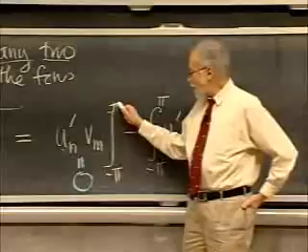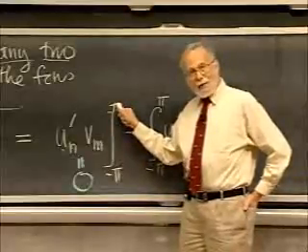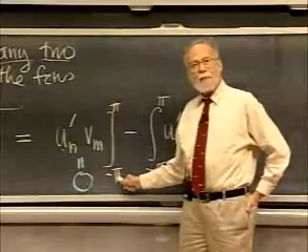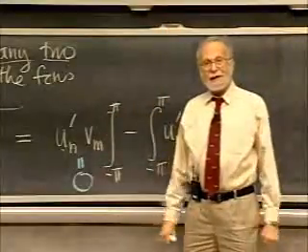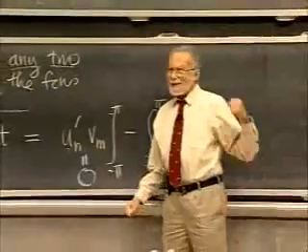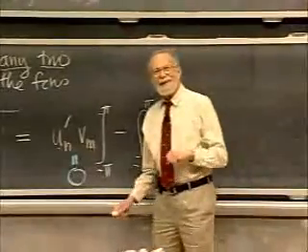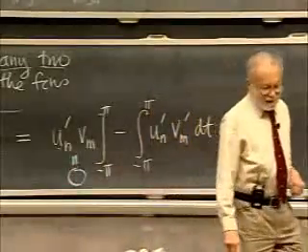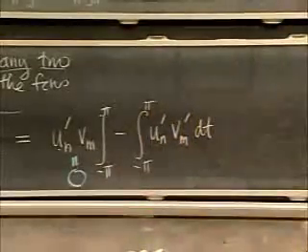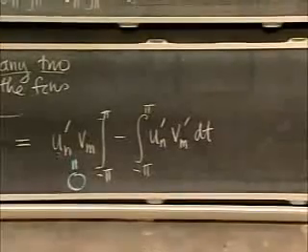So if I subtract the value evaluated at pi and the value at minus pi, I get 0 because they have the same value at both ends. So by this entirely convincing argument, no matter what combination of sines and cosines I have here, the answer to that part will always be 0.